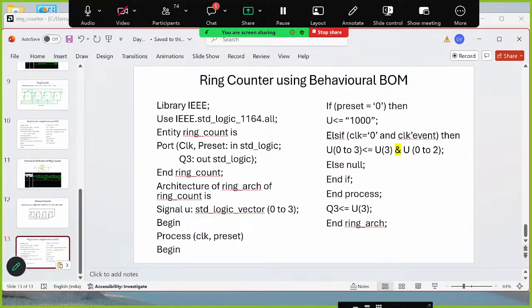The same program is there, the same structure is there, but only the sequences need to be changed. So let's write this Johnson counter.